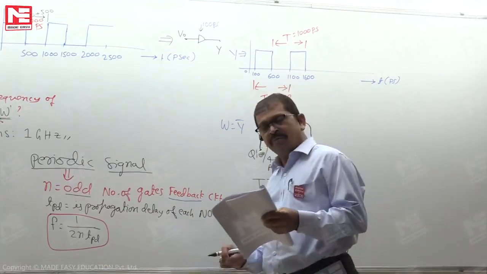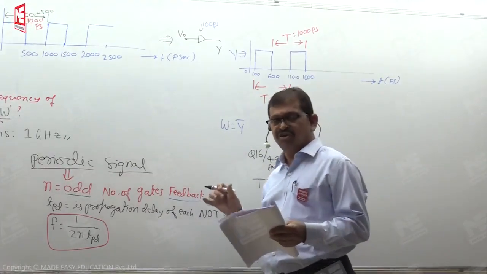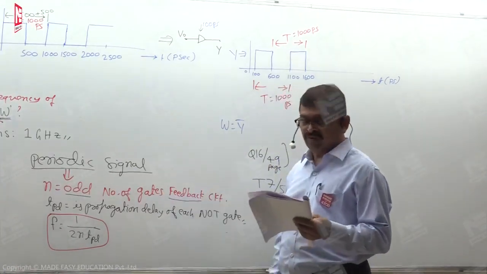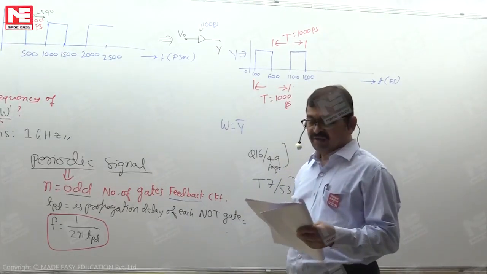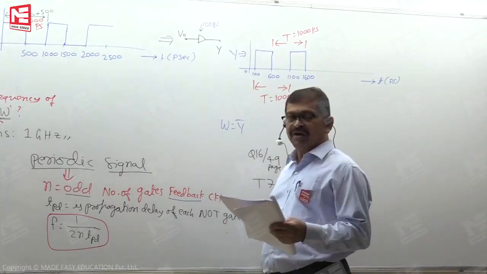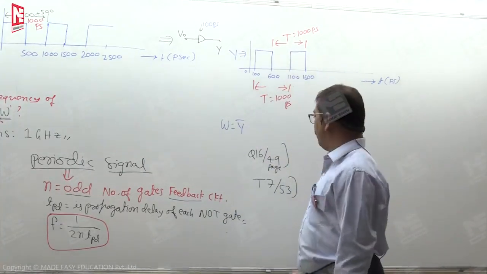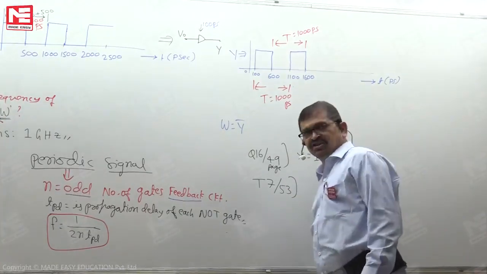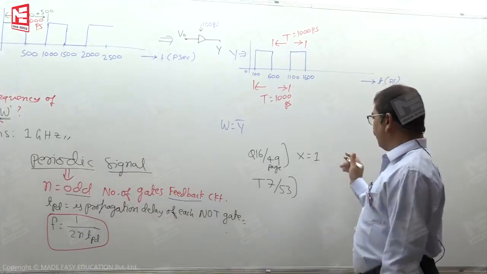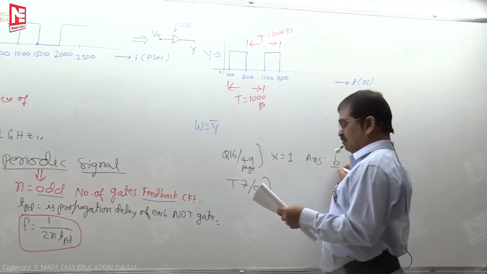If XOR operates as a NOT gate, then the total number of NOT gates in the feedback circuit is 3, which is odd, so a square wave or clock will be generated. To use the exclusive OR gate as a NOT gate, X must be 1. We already learned this with the XOR operation. X is 1, so the answer to this question is option B.